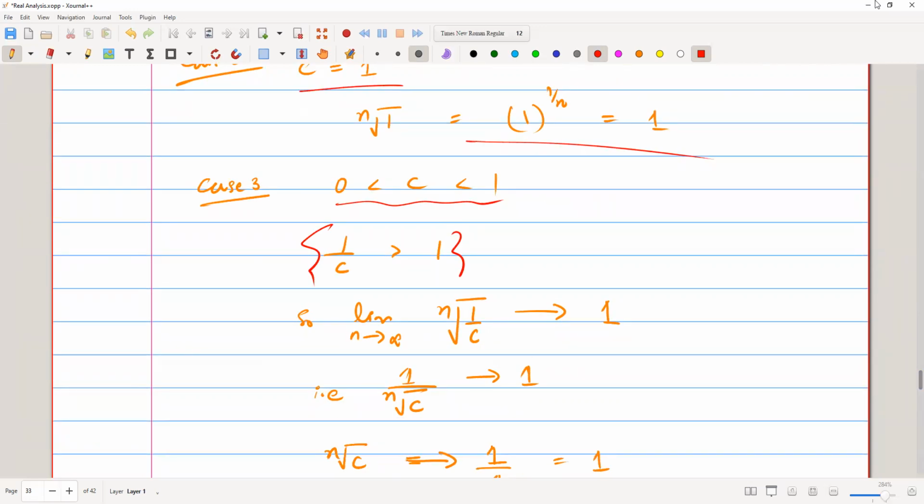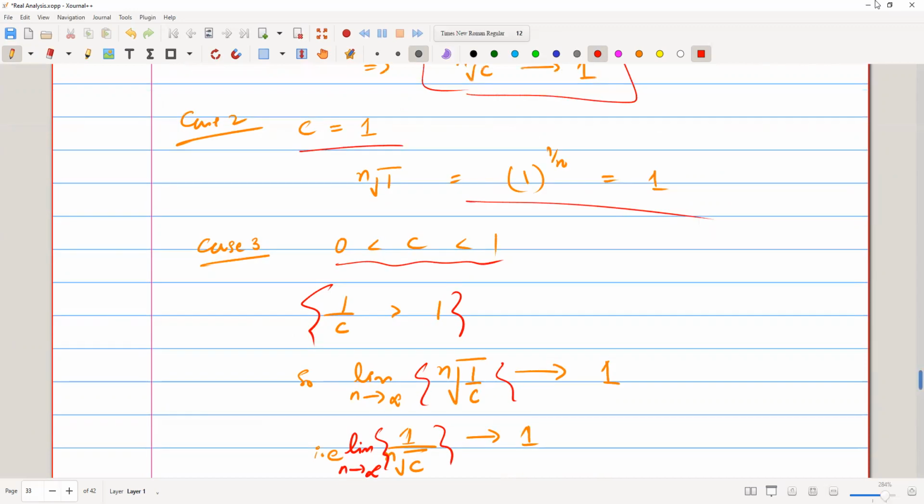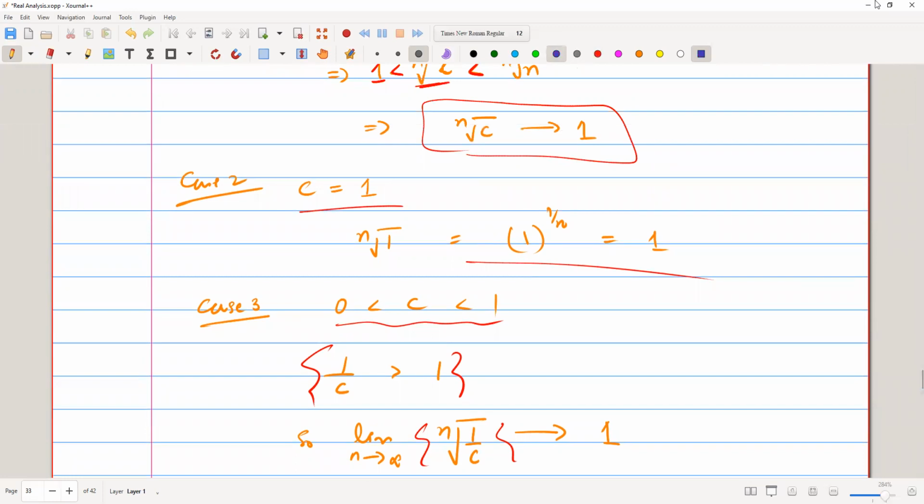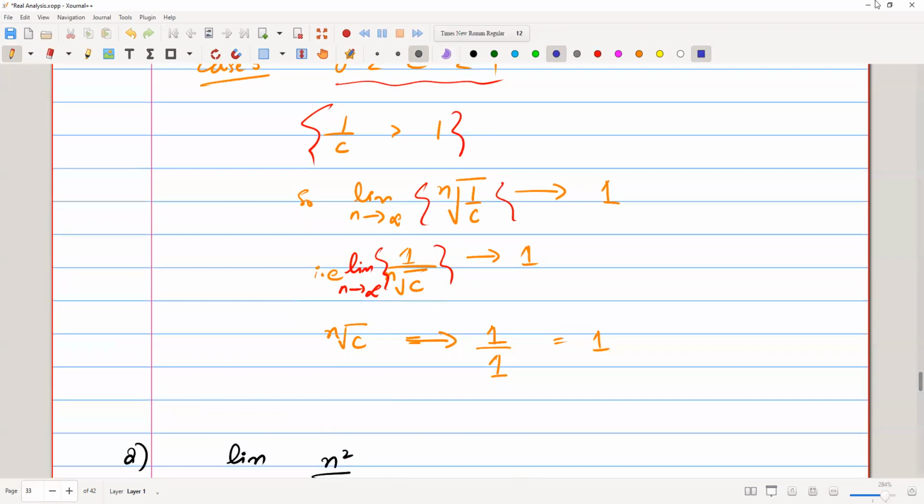So this thing here will become the limit as n tends to infinity of 1 over the nth root of c, and the nth root of c we already have proved here is converging to 1. So it's 1 over the nth root of c, converging to 1 over 1, that is going to 1. So this is converging to 1 for c bounded between 0 and 1.